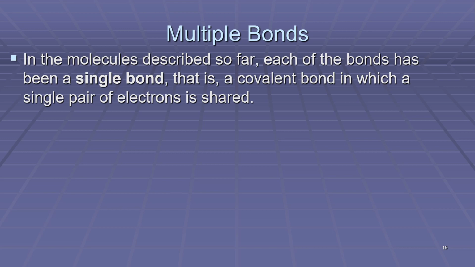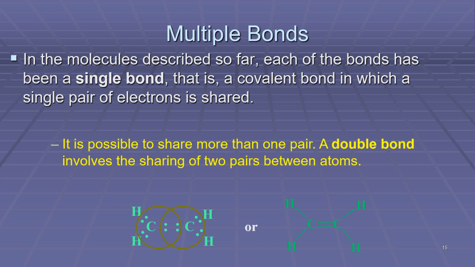As I mentioned, in most molecules described so far, each of the bonds is a single bond, but we can also have a double bond or a triple bond. So in a double bond, you can see here that 4 electrons or two pairs of electrons are shared between the same elements. This is usually how we'll draw it with the bond between the elements.